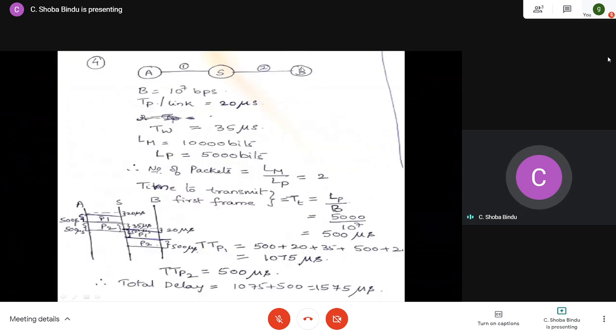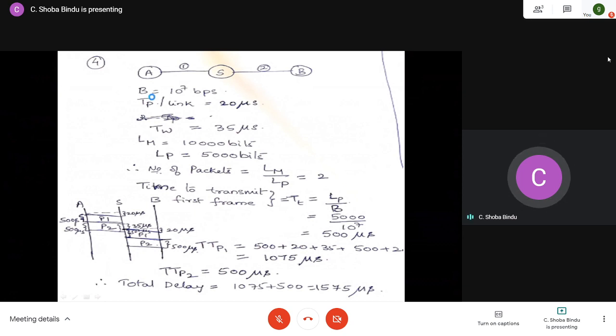A and B are the two hosts and S is the switch, let us assume. How many links are there? There are 2 links here. One between A and the switch and the other between the switch and B. We know packet switching uses the store and forward technique. So all the packets that are being transmitted by A will be stored over here at the switch, and then it will be forwarded to B.